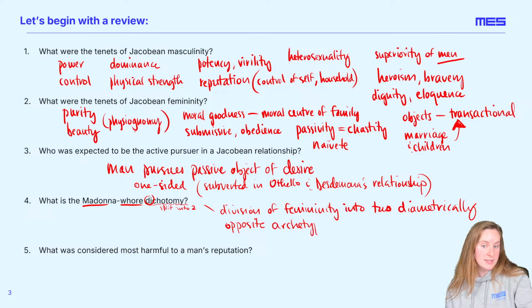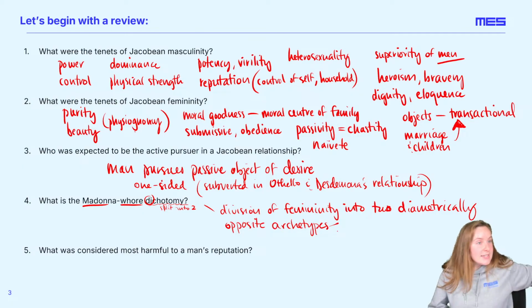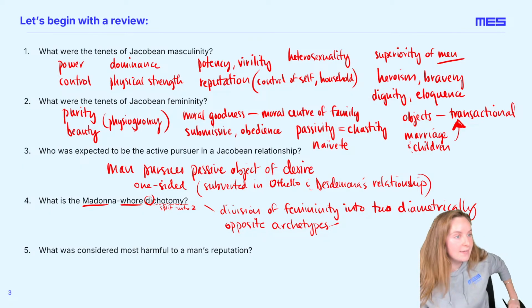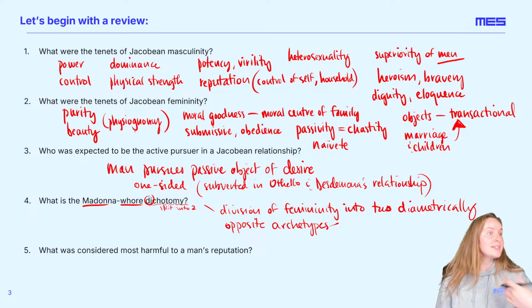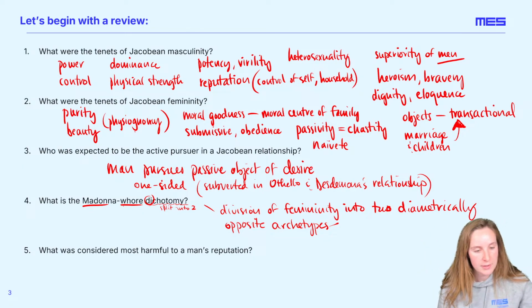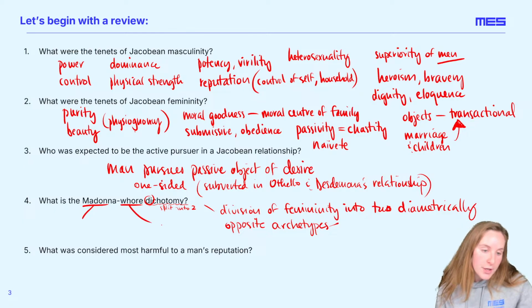An archetype is like the idea of a character, the form of a character. So, for example, the villain, the damsel in distress, the hero, etc. And these are the Madonna and the whore.